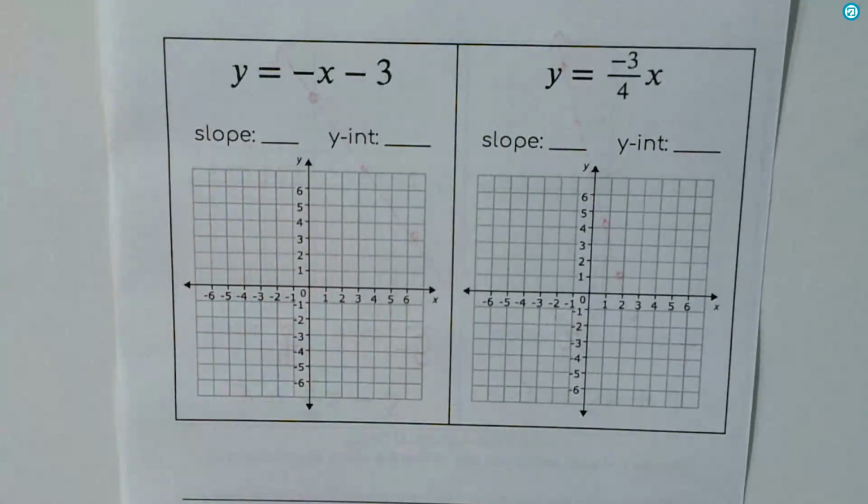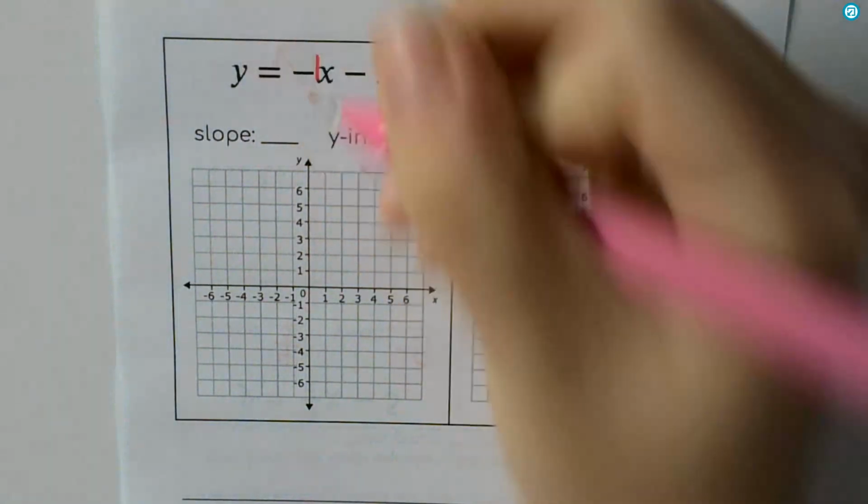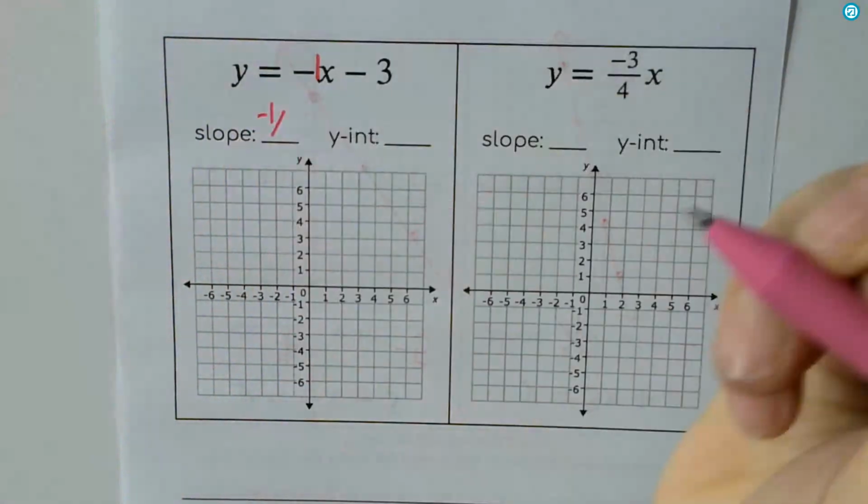We have y equals negative x minus 3. What is our slope? Negative 1. So there's an imaginary 1 right here. You just have to know that if there's an x by itself, there's a 1 there. So if it's positive x, it's 1x. If it's negative x, it's negative 1x. So that means my slope is negative 1. I need to make that a fraction. What can I put it over? 1.